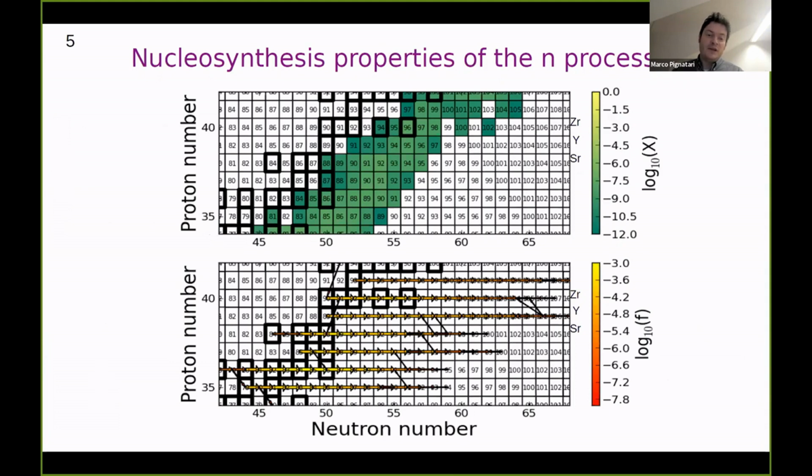So with this snapshot, I just want to show how it looks when you run a network with these typical neutron densities. How does it look? What are the relevant reaction rates? The isotopes that are made in the flow of the neutron captures are really close to the valley of stability, not as far as the r process, of course, so much closer to the valley of stability, in between the s and the r process.